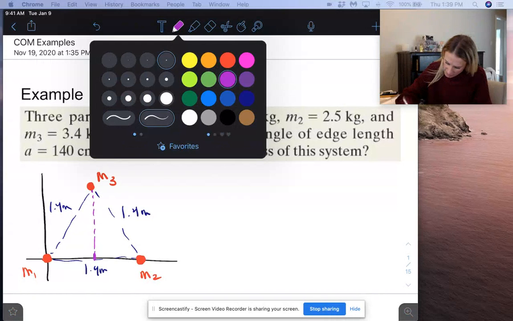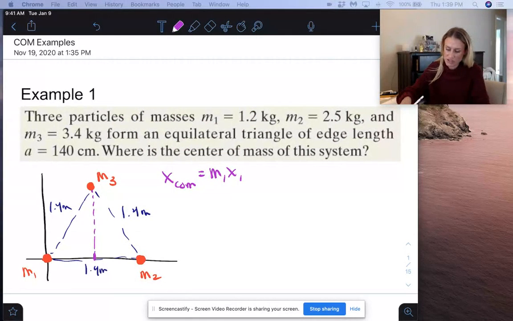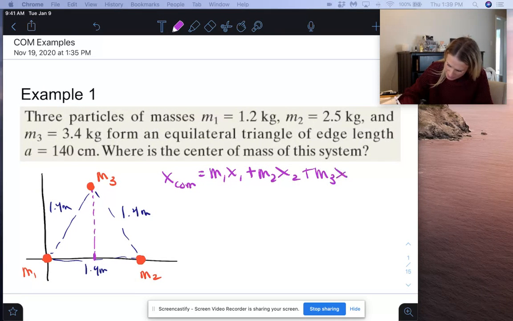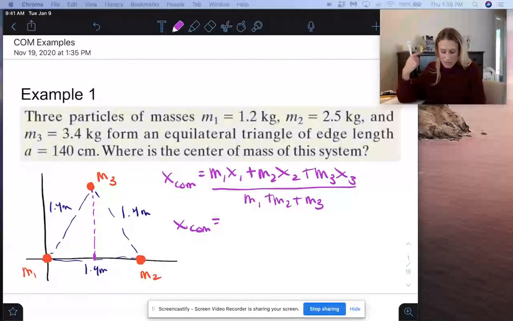So if I'm looking for the x coordinate of the center of mass, we'll just keep it in purple, I get mass 1 times x position of 1 plus mass 2 times x position of 2 plus mass 3 times x position of 3, all divided by mass 1 plus mass 2 plus mass 3. So for our center of mass x coordinate, we get mass 1, which is 1.2 kilograms, but look, our x coordinate of mass 1 is 0 because it's on the origin.